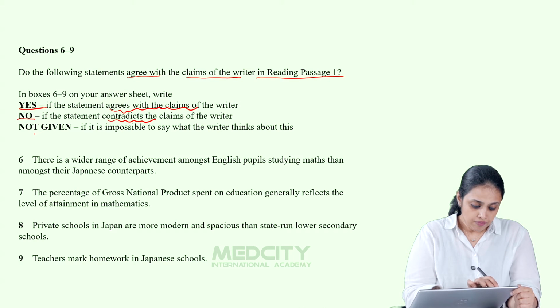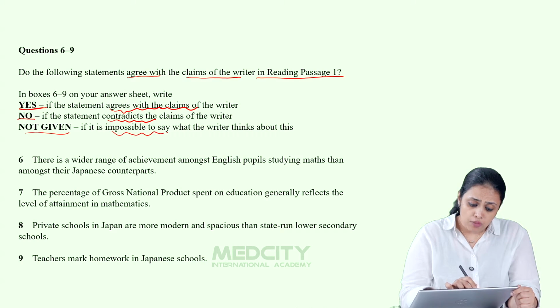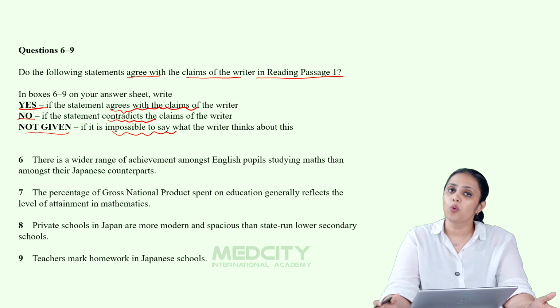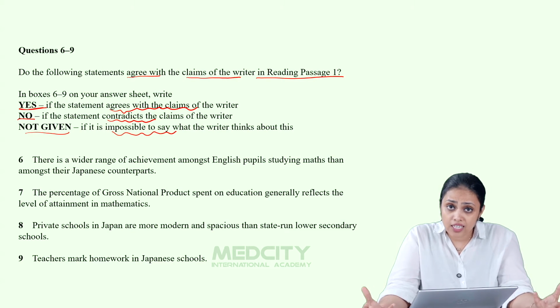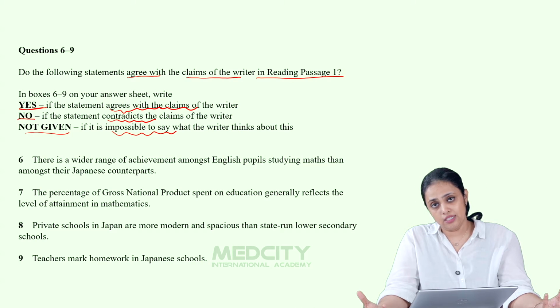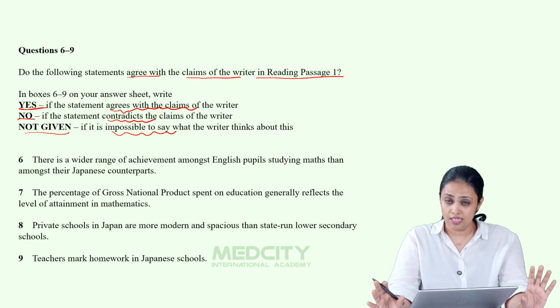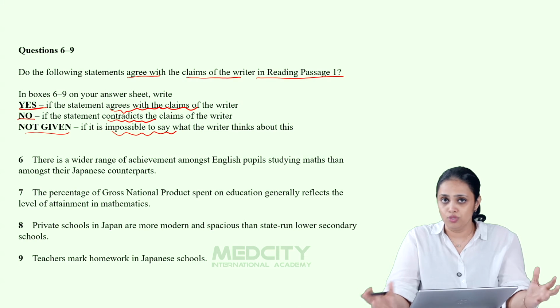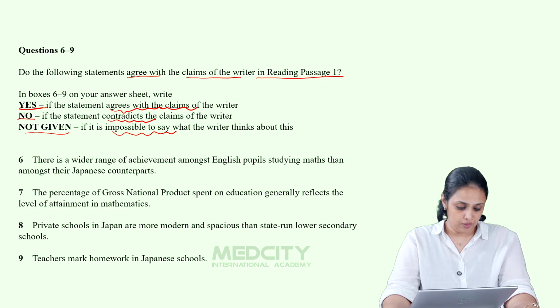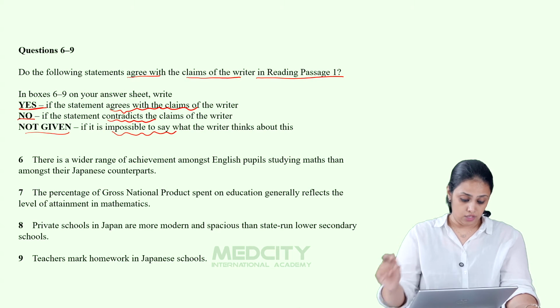Then not given, if it is impossible to say what the writer thinks. We are not sure what the writer's thought is, because we don't have enough evidence in support of the writer's claim or opposing it. If it is impossible for us to judge that, then we go for the option not given. Okay, this is what you need to understand. Now let's get into the first question.